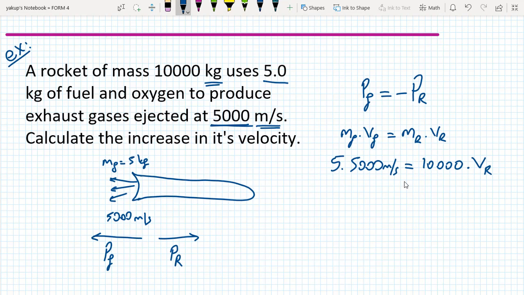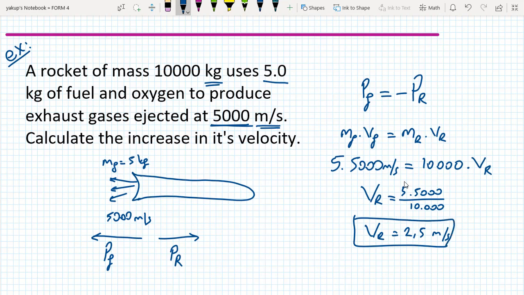If we reorganize that equation, the rocket velocity will be 5 times 5,000 over 10,000. The rocket velocity will be 2.5 meters per second, meaning that in that second, the rocket velocity will increase by 2.5 meters per second.